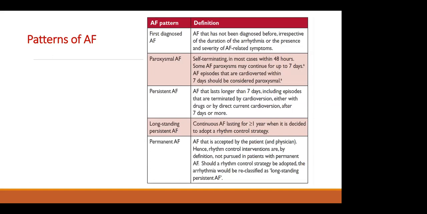If a rhythm control strategy will be adopted for atrial fibrillation lasting 1 year or more, for example, by ablation or cardioversion, it's called long-standing persistent AF. But if it has persisted more than 1 year and a rate control strategy will be adopted, it's called permanent atrial fibrillation.